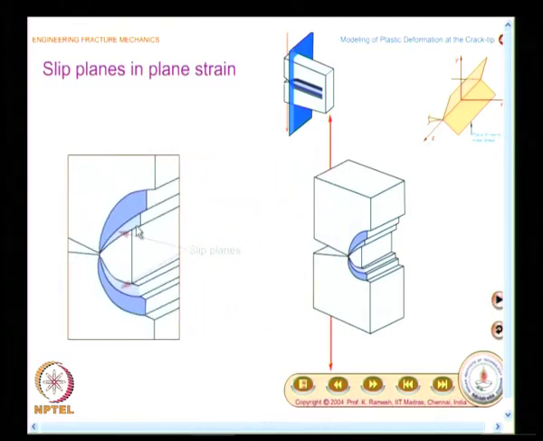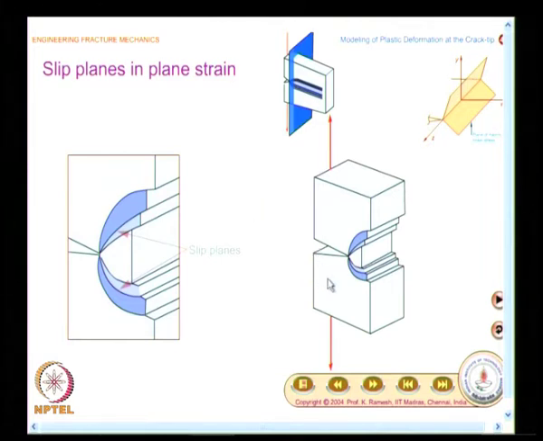So, what you find is the planes are oriented like this, very similar to what you see here, and you will have slipping of these planes. Try to make a sketch as closely as possible.